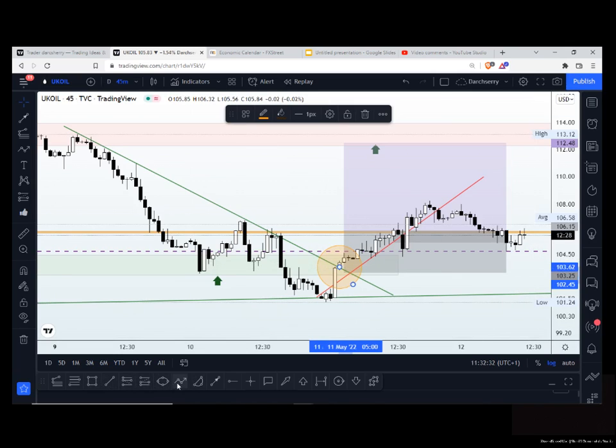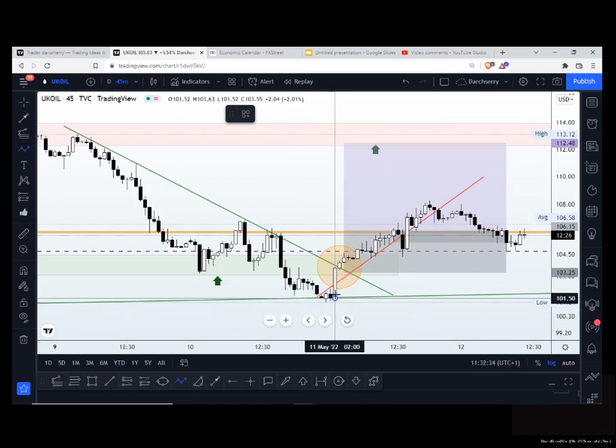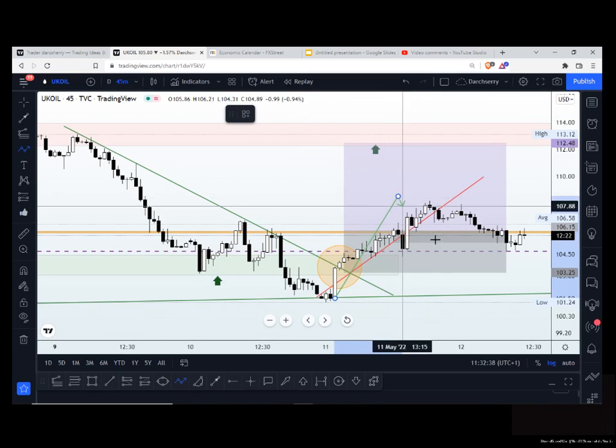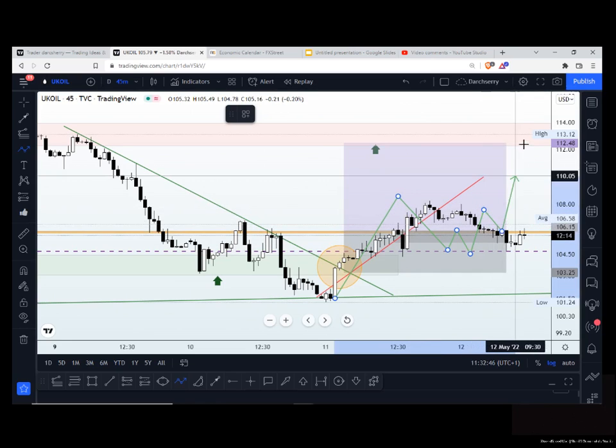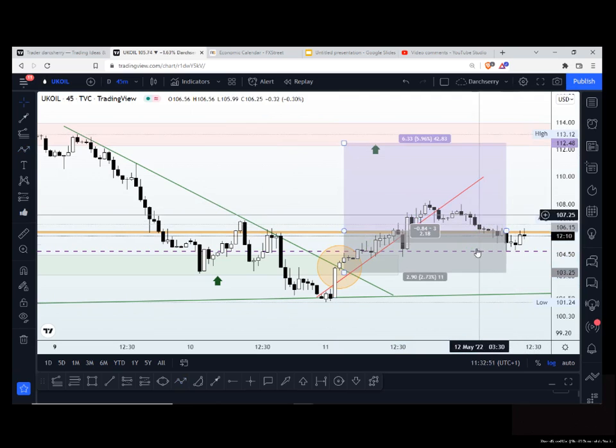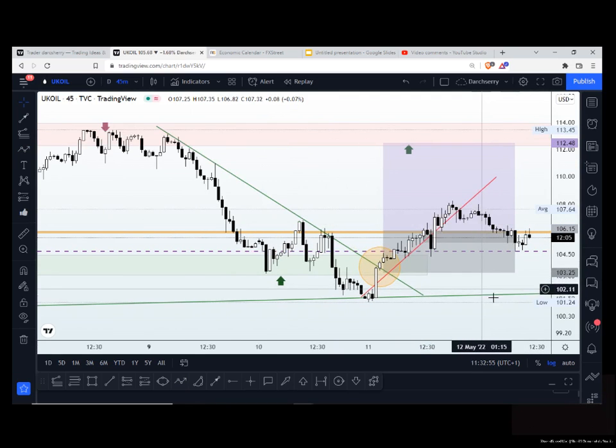However, we were waiting for structures in the form of a breakout of this key level, a retest into this key level with structures that support a trend continuation to the upside, breakout of structure, a retest into structure, confirmation into the upside. So that is what our perspective was, just to remind you what we were expecting on the UK oil.